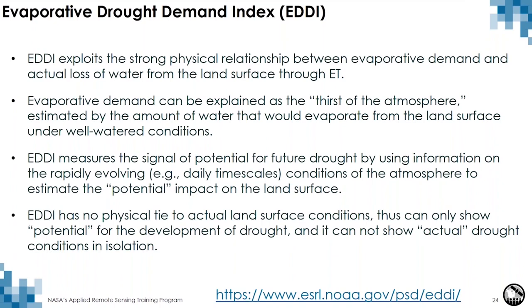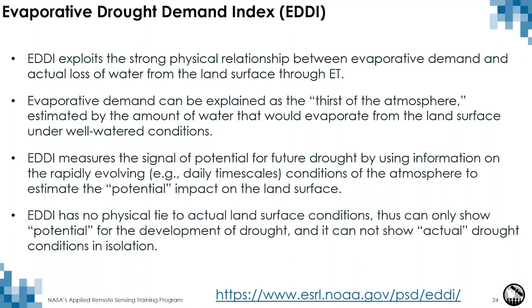So EDDI really provides a signal of potential for future drought by looking at how thirsty the atmosphere is to estimate the potential impact on the land surface. The one caveat with EDDI is that it doesn't actually physically tie to actual land surface conditions. It can only show you the potential for the development of drought. It can't actually show you actual drought in isolation because it doesn't have any information. It's just an atmospheric indicator.